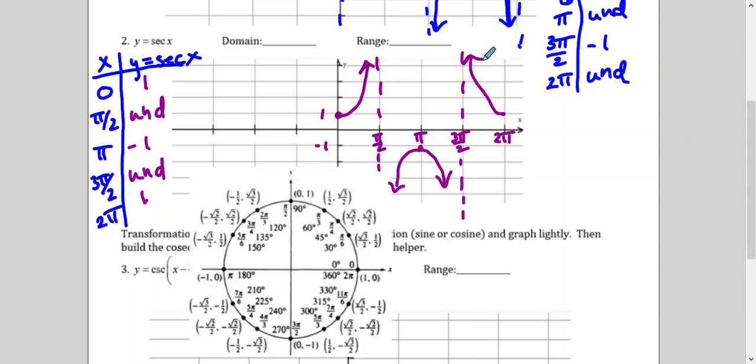So you still have a down branch, and you have 2 halves of the up branch, which makes a full up branch. So one period of this graph is the down branch and the up branch. That makes a full period. So the period of secant is 2 pi. The period of cosecant is 2 pi. But some people like to continue graphing this. So you could continue over here, and maybe I'll just use another color so you can see what it would look like.